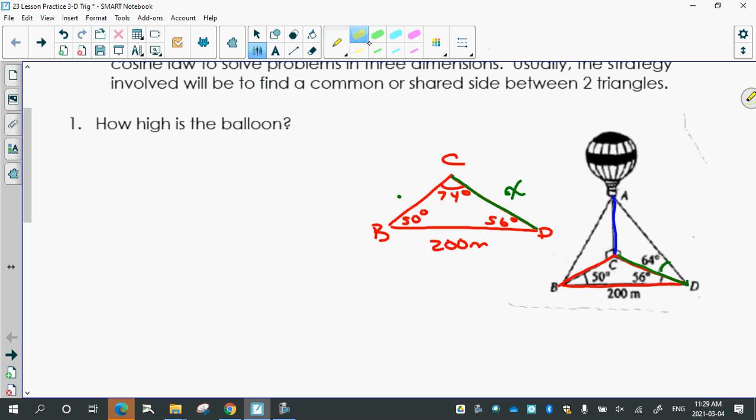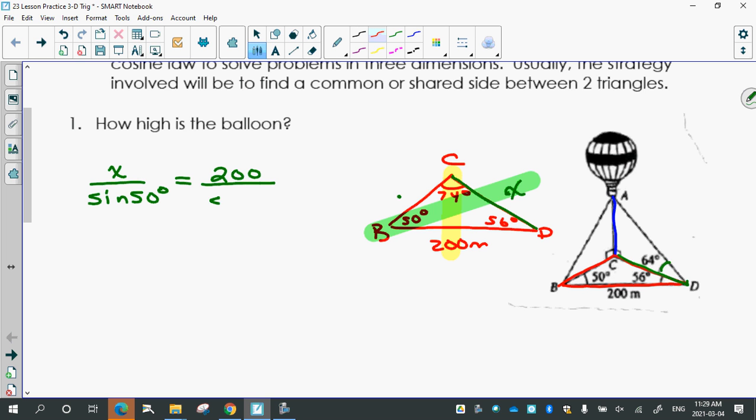Well, is it a right triangle, CDB? No, it's not a right triangle. Is there a side angle pair? Yes, there's 200 and 74. So that means I can use the sine law to find X, the common side. So the common side is found by doing X over the sine of 50 degrees equals sides on top 200 over the sine of 74 degrees.